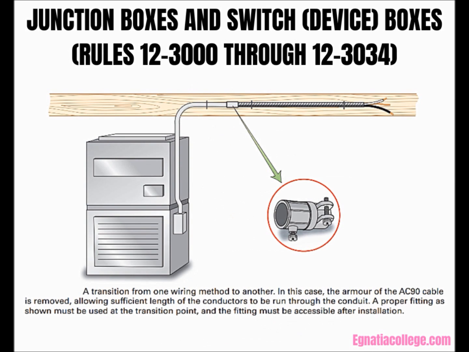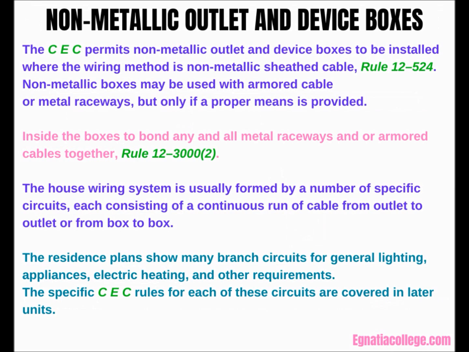Sometimes a change is made from one wiring method to another, for example, armored cable to electrical metallic tubing, EMT. The fitting where the change is made must be accessible after installation. Boxes shall be rigidly and securely mounted, Rule 12-3010-1. Non-metallic outlet and device boxes.